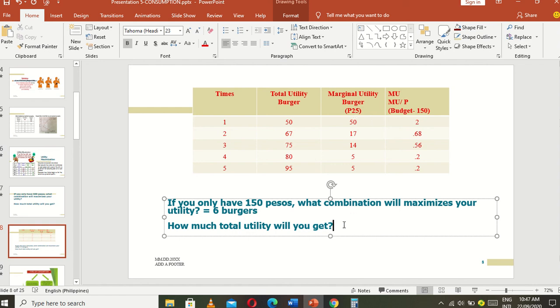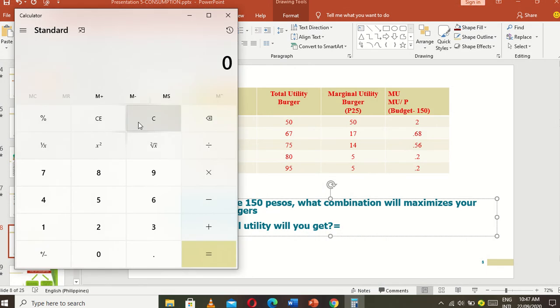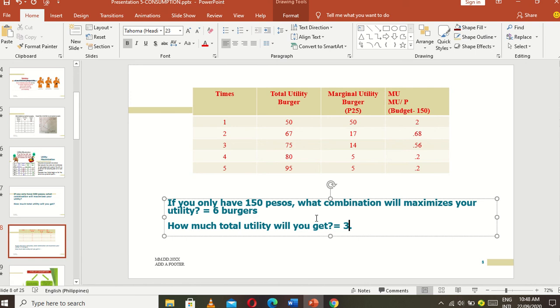But if it asks how much total utility you will get, then you add the maximization of utility values: 2 plus 0.68 plus 0.56 plus 0.2 plus 0.2. So that's your answer, 3.64 utils.